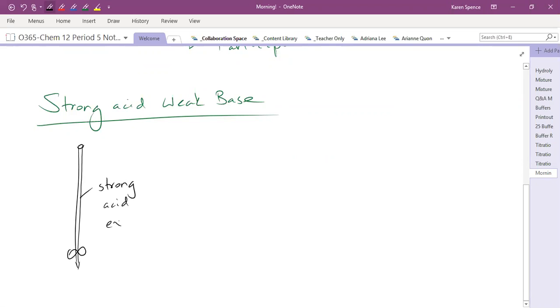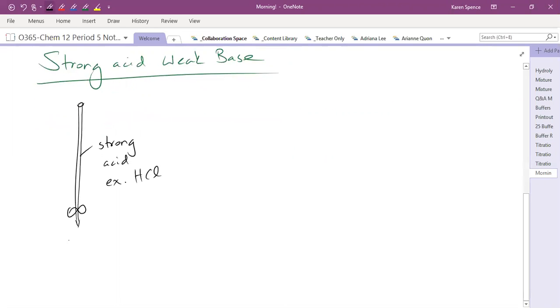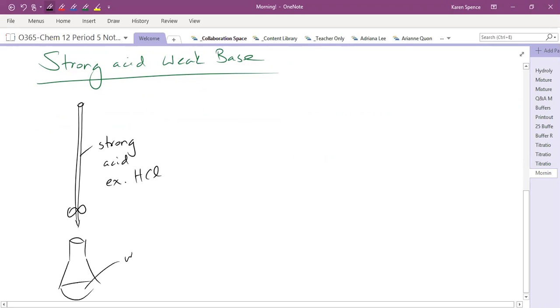For example, that's going to be HCl. In our flask, we would have our weak base, which, for example, could be NH3, ammonia.